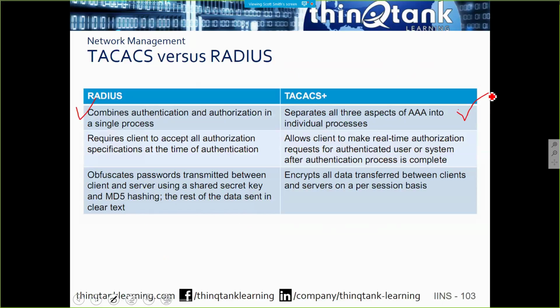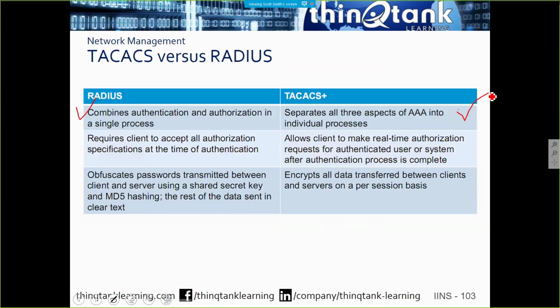TACACS does it differently. TACACS separates the functions into three distinct processes. Authentication, authorization, and accounting are all split. So I authenticate the supplicant, and then once I've authenticated the supplicant, each time that the client wants to do something on the network, we have to send messages back to the TACACS server to say, is the client authorized to perform this function?